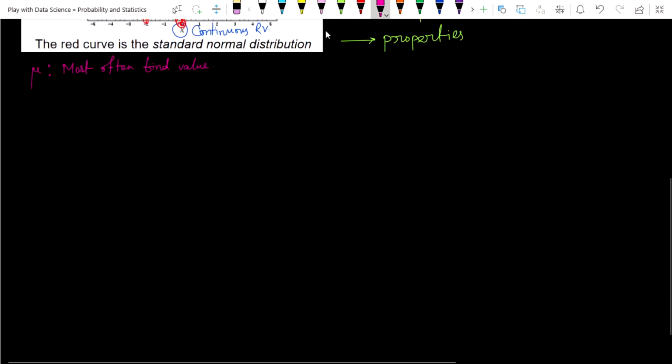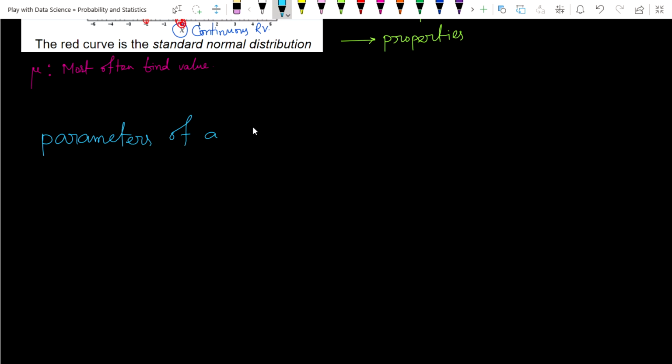So if we write what I have discussed, the parameters that we need to draw a Gaussian distribution are mu and sigma square.